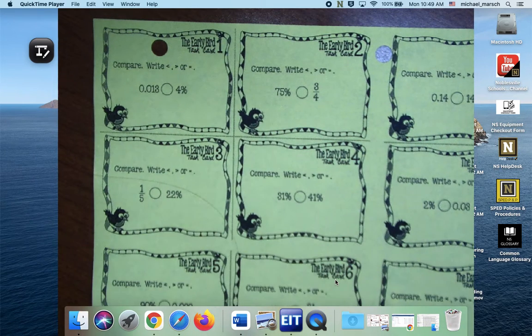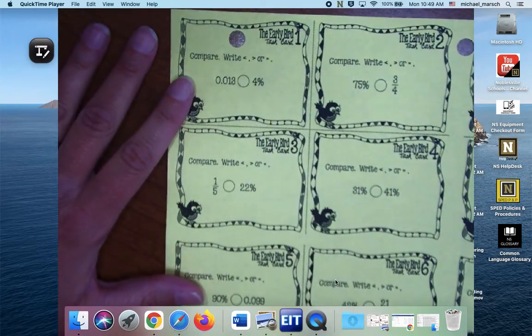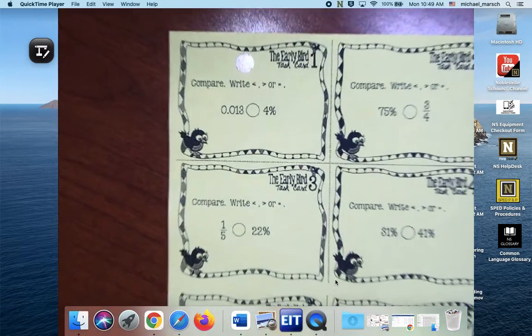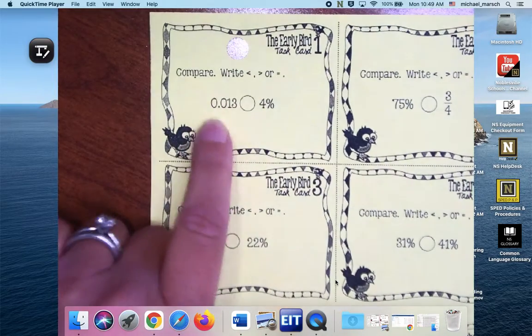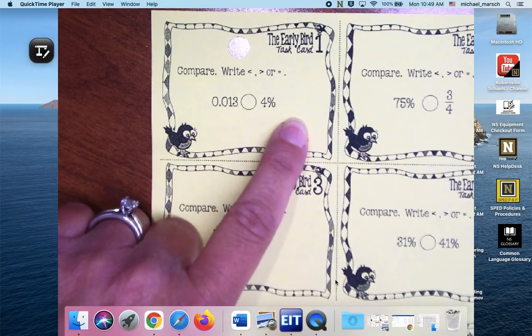It'd help if you could see my screen, yeah? So I think the best strategy here is to write the decimal values below and make sure they have the same number of digits, right?